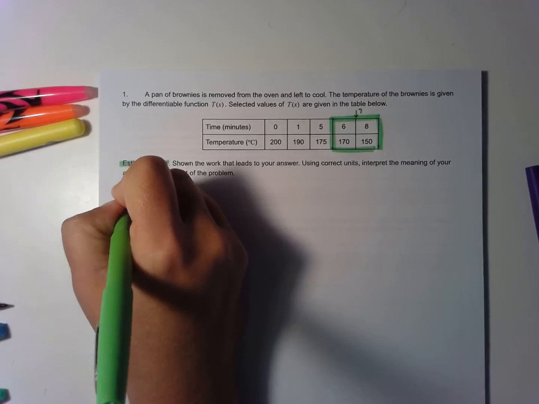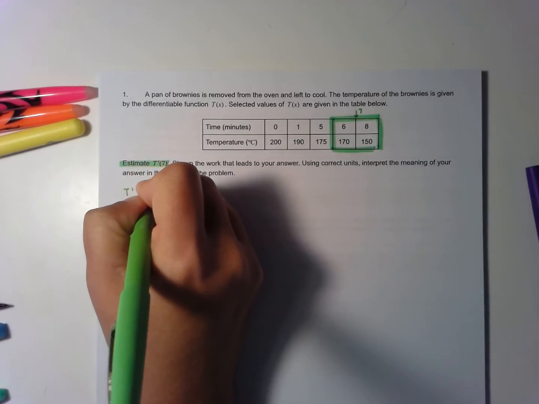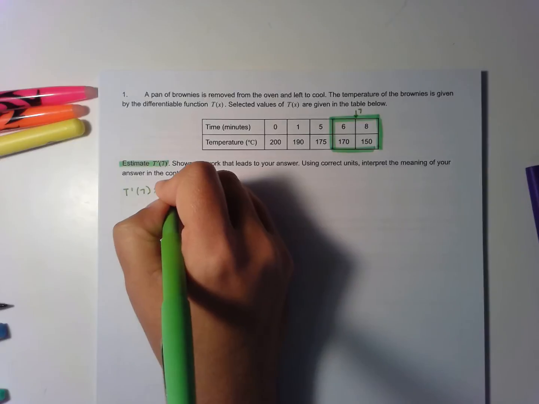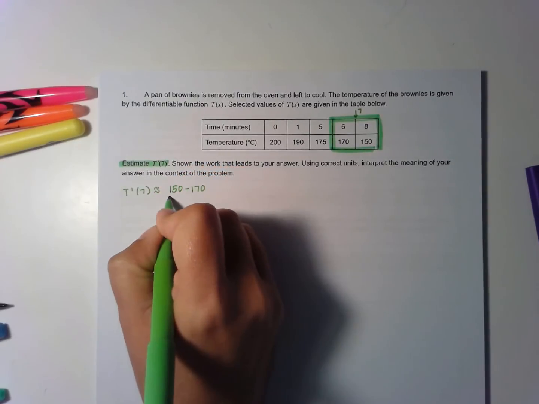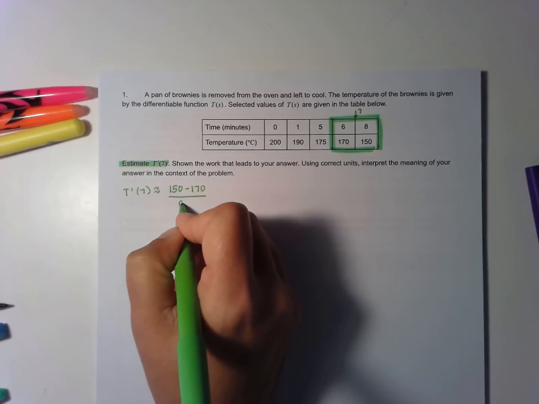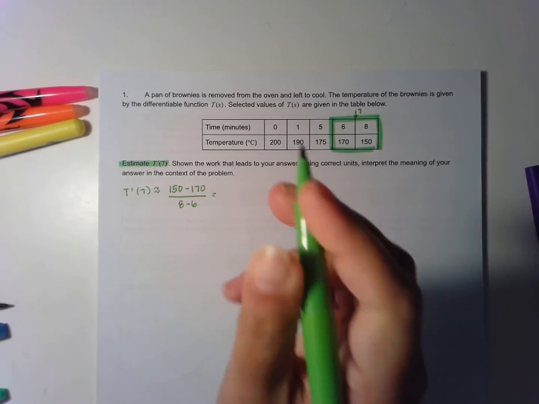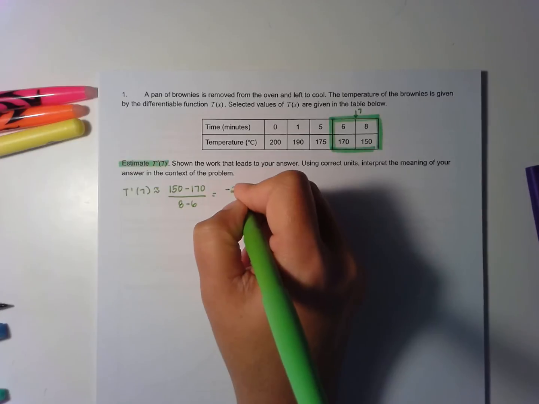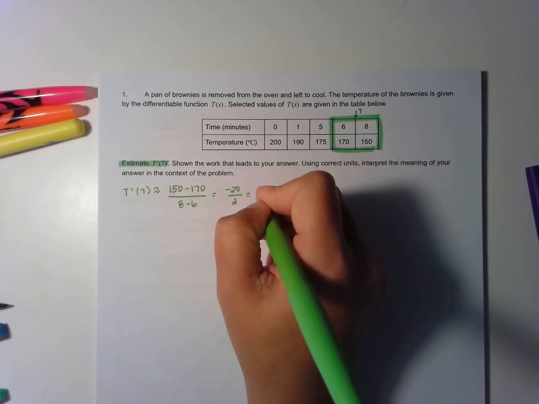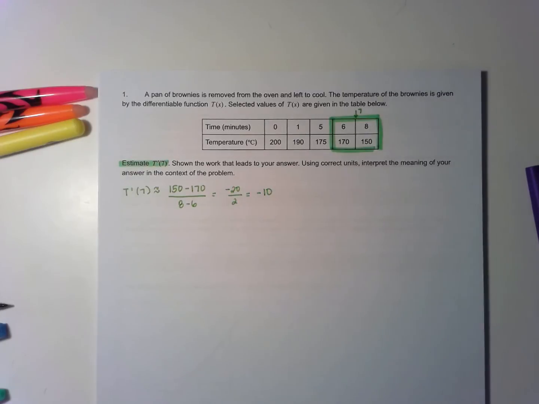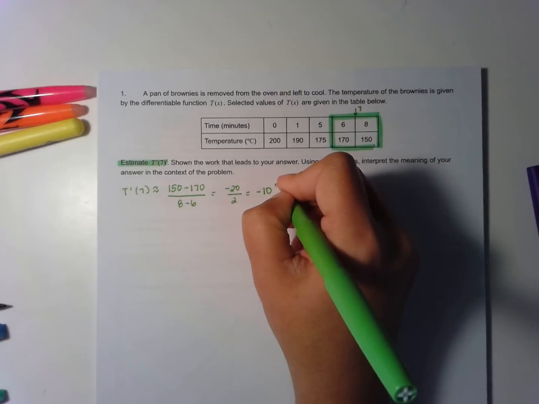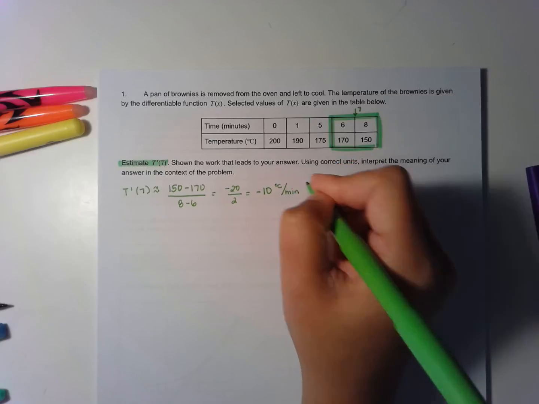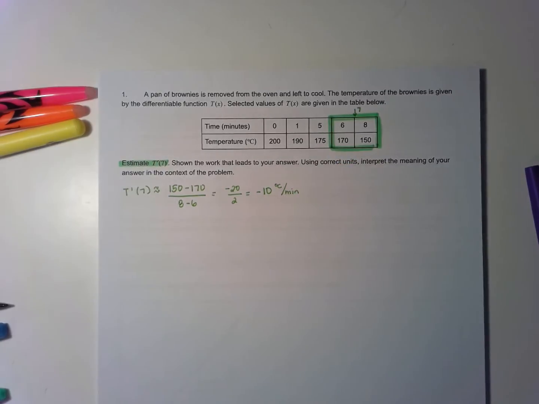So I would say t prime of 7 would be approximately 150 minus 170 over 8 minus 6, which means I would get negative 20 over 2, which is negative 10. And because this problem has units, I'm going to make sure to put units on my answer, so it would be degrees Celsius per minute. So that's part 1. Estimate t prime of 7.